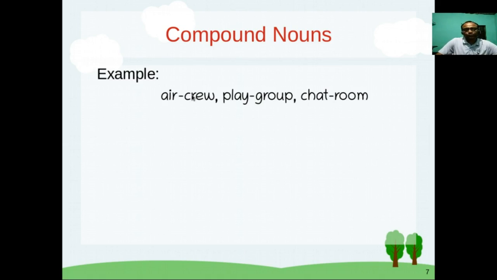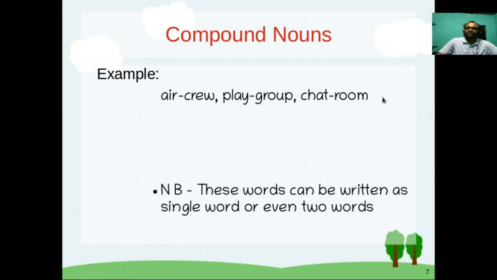I mean, we can write them as two different words, not one word, like air crew, play ground, chat room. So this has to be kept in mind, that these words can be written as a single word or even two words, and at the same time we can hyphenate them.